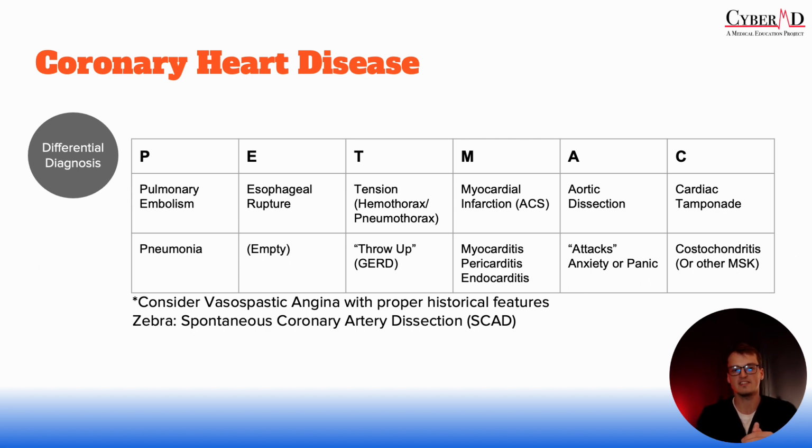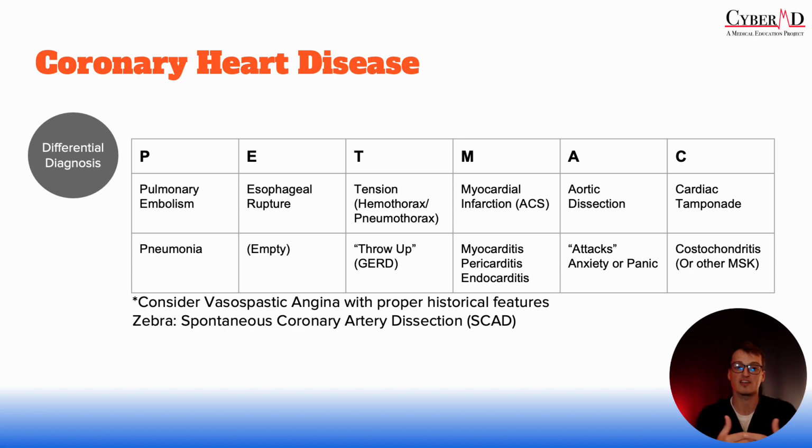And then as far as C goes, remember costochondritis can also be a cause of chest pain, and so can other MSK things. Patients could just be sore from a workout where they weren't expecting to be sore, or maybe they had a car accident, or they had some sort of anterior chest wall trauma where they have MSK pain.